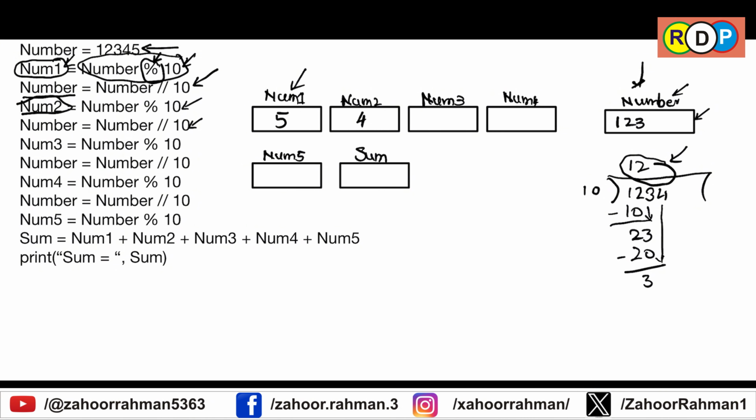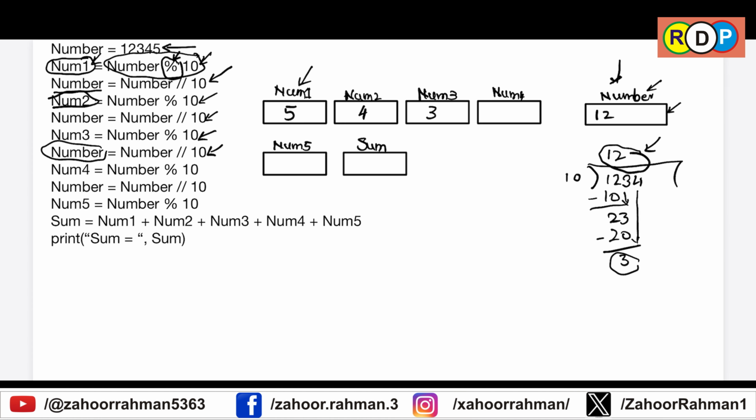So this time we will get this 3, and it will be stored according to this command line, and 3 will be stored inside it. And through this command, the new value of the number variable will be 1 2. So let us remove this 3, and it will be 1 2.